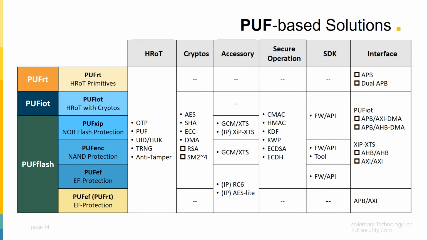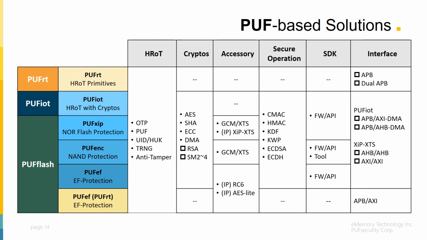The table on this page shows the current IP products provided by PUF Security, including PUFrt, PUFiot, and PUF Flash related solutions. First, PUFrt provides an integrated macro with interface, control logic, secure OTP, true random number generators, and PUF. PUFiot, as a secure companion IP, provides a PSA PUF-based enclave for comprehensive secure operation.